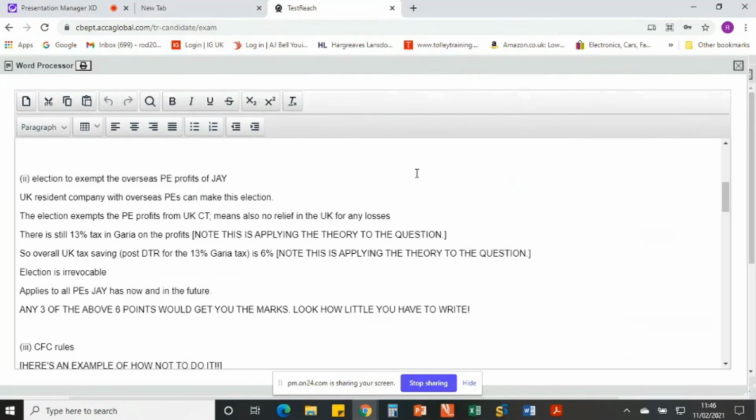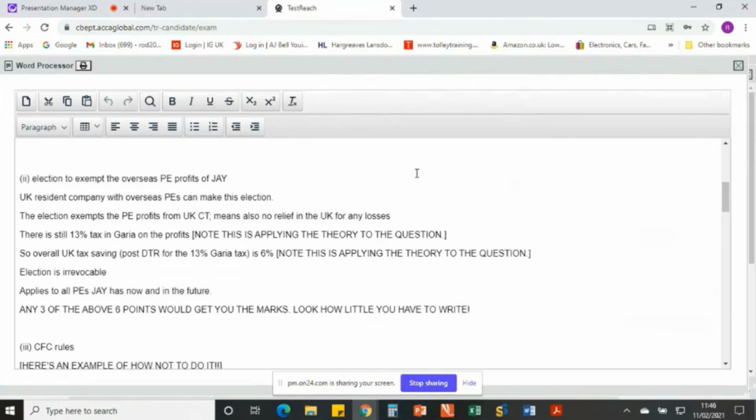And therefore, the overall UK tax saving from the exemption is 6%, because if you didn't have the exemption, you pay 19% in the UK, but you get credit for the foreign Garia tax of 13%, leaving you with 6% to pay in the UK. If you make the exemption, you'll pay nothing in the UK, but you'll still pay 13% in Garia.